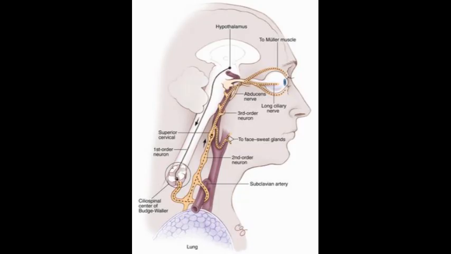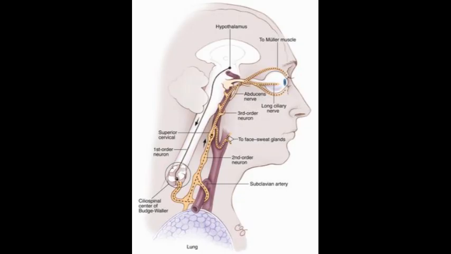This spinal segment is what we call the spinal center of Budge, named by a physiologist, Julius Ludwig Budge. The second order neuron originates from the spinal center of Budge, and we call it the preganglionic neuron.